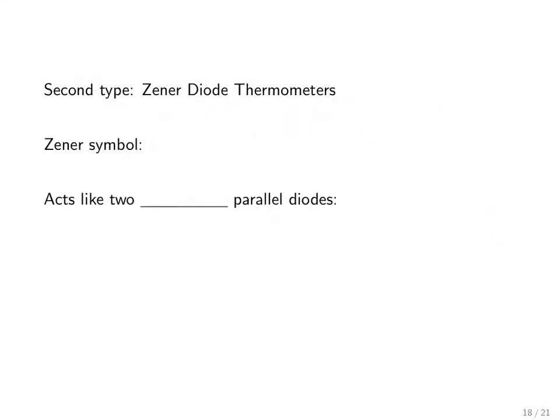So the second type of semiconductor temperature transducer is the Zener diode thermometer. So here's a Zener symbol. We saw this in another lecture recently. It looks kind of like a ninja weapon here, and it acts like two anti-parallel diodes.